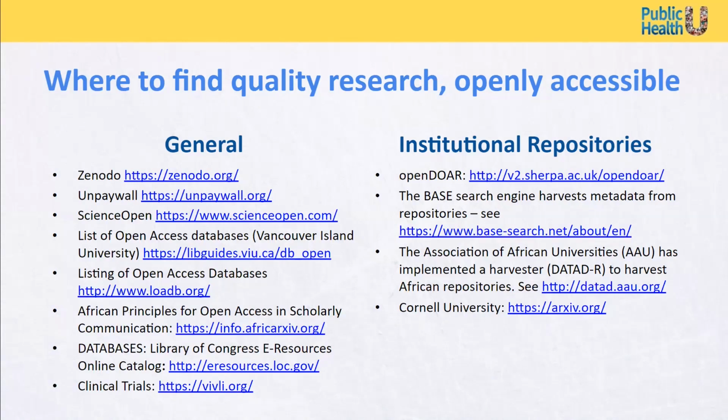If you're looking for institutional repositories, meaning schools that are storing their research work, then you can go to the institutional repository section. There you can find the information that you need. We have OpenDOAR, we have BASE, we have the Association of African Universities, we have Cornell University, and there are many more. But what I tried to do was to pick the ones that are really good and put them here. So what you have here are the good stuff. The ones that are not so good, I left behind.